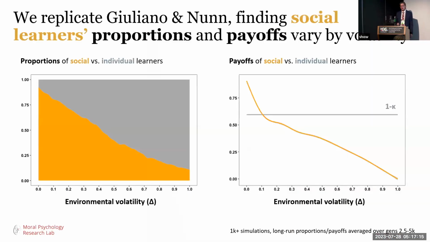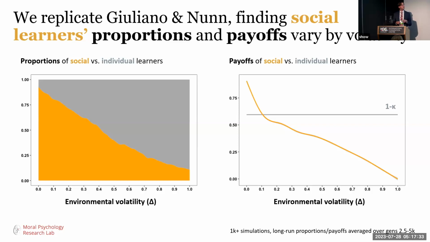First, I'll just quickly show that this model achieves the same qualitative results that we saw in Giuliano and Nunn's case, so that we can draw the connection between the two. We qualitatively replicate Giuliano and Nunn, finding that the proportions and payoffs of social learners are subject to the kind of volatility that you'd expect. So on the left, you see decreasing long-run proportion of social learners as the environmental volatility increases.